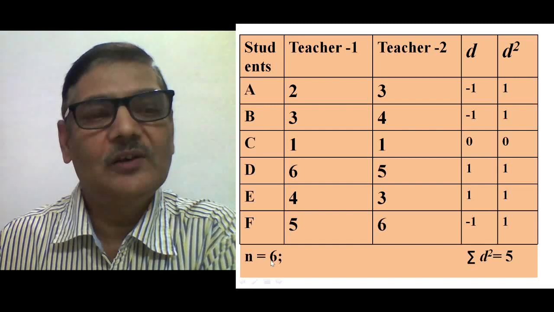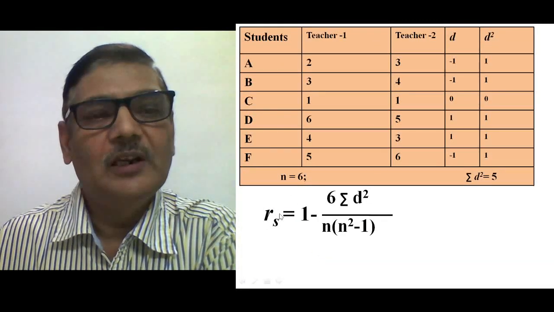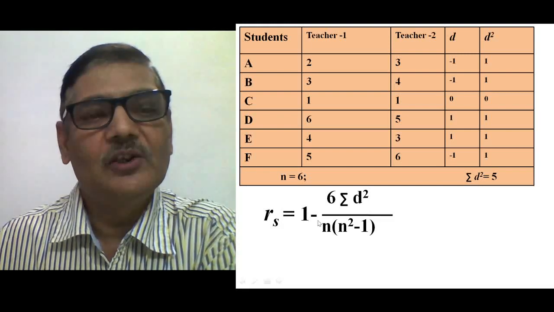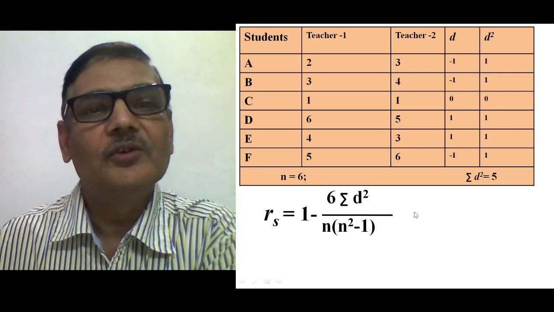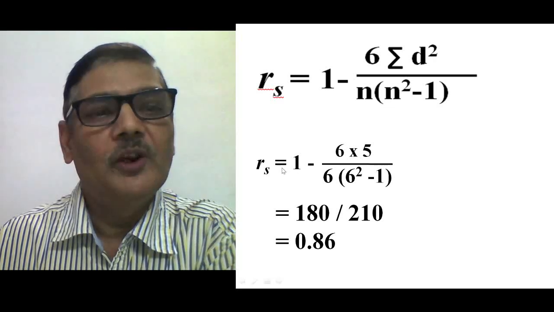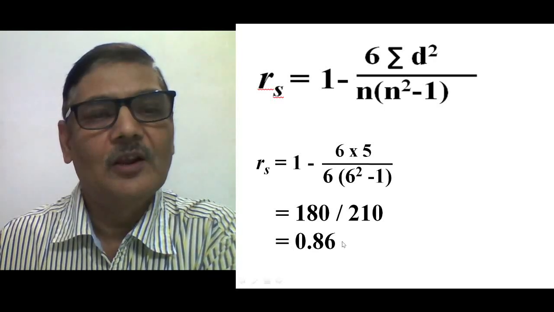So n stands for 6. Now we can simply put the data in the formula, that is 1 minus 6 into D square, that is 5, divided by 6 into 6 square minus 1. When we put the data in the formula and solve it, the final value comes to 0.86.